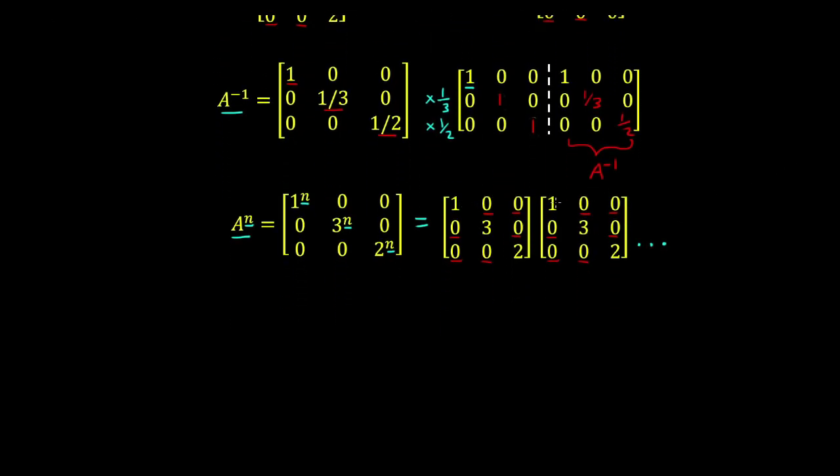So try to multiply these two matrices together, and you'll get 1 squared, 3 squared, and 2 squared on the main diagonal, with the off-diagonal elements being zeros. And if you keep repeating this n times, you'll get A to the power of n, where n is a positive integer.